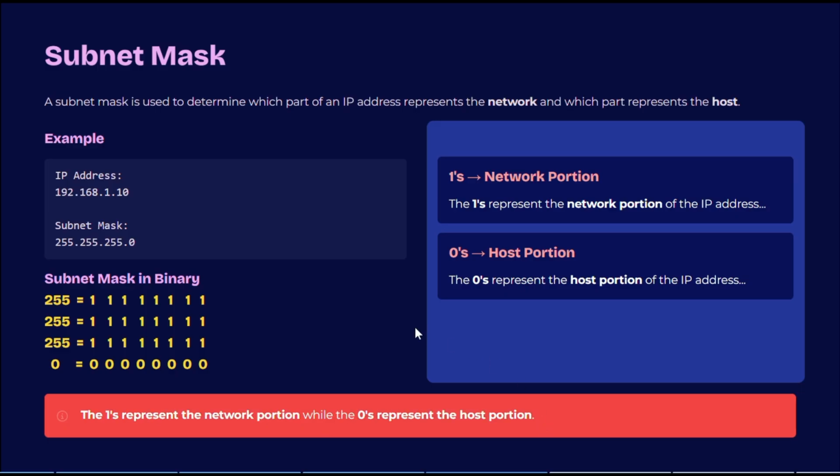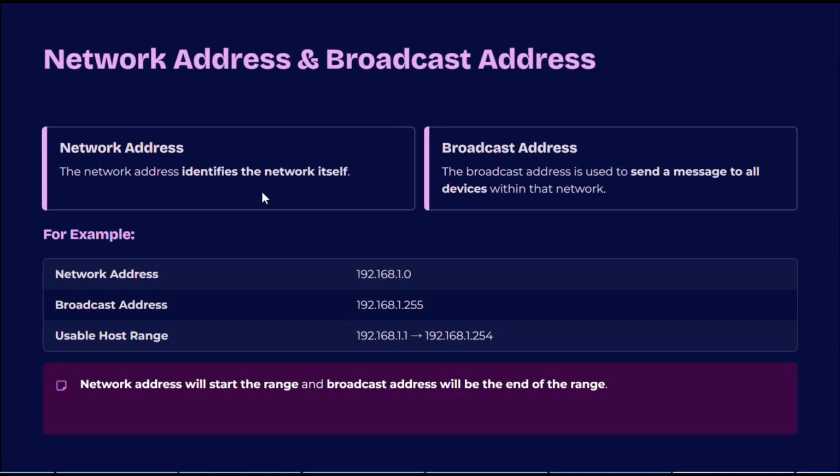Now let's understand 2 important concepts in this part, which are network address and broadcast address. The network address identifies the network itself, while the broadcast address is used to send a message to all devices within that network. For example, the network address will look like this: 192.168.1.0, and the broadcast address is 192.168.1.255.